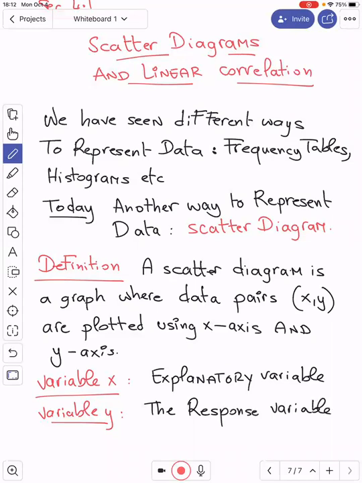What I mean by response variable is a variable about which a researcher is asking a specific question, okay?